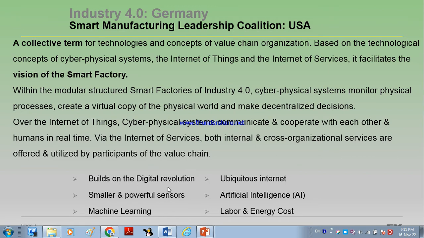And we will discuss the digital revolution, powerful sensors, machine learning, energy balance, saving of energy, artificial intelligence, etc.